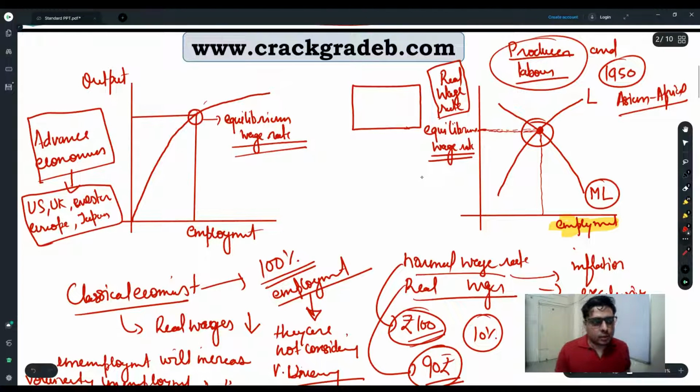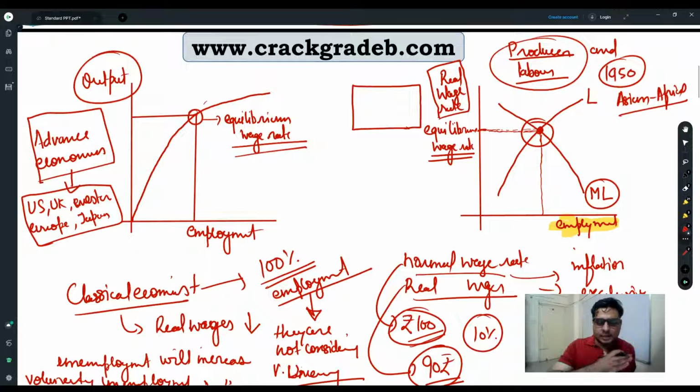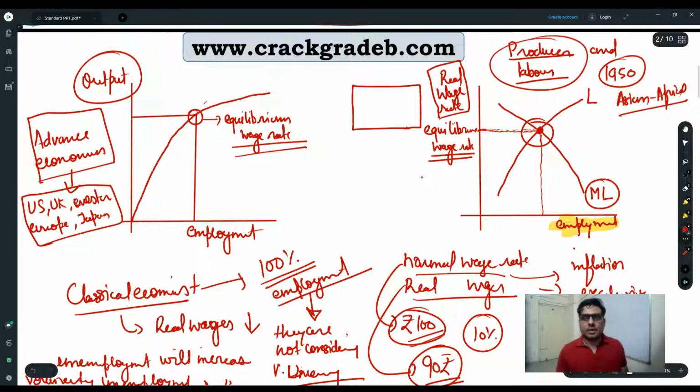So in both scenarios the output growth is going to decrease. It is going to increase, but the rate is going to decrease after this point, because after this point the equilibrium wage rate will not exist. Either it is going up or going down as per the situation in the market demand, right? So as the employment is going to increase, the output is going to increase.